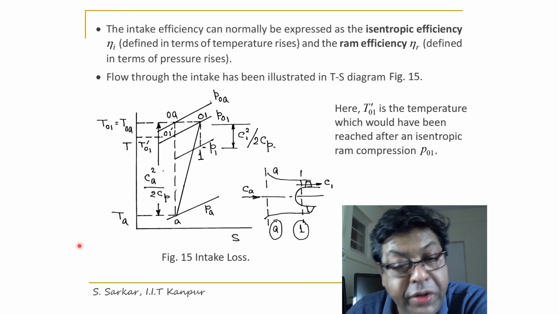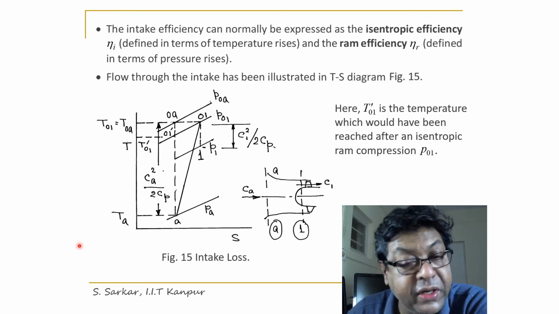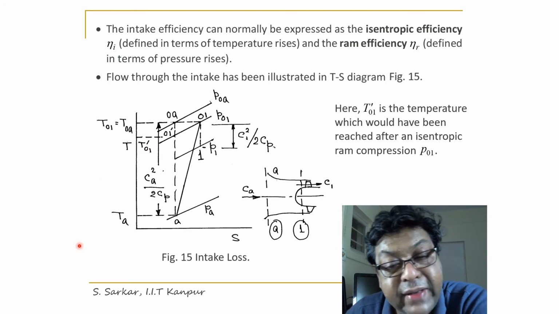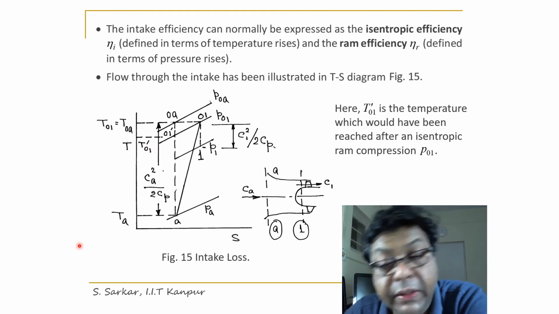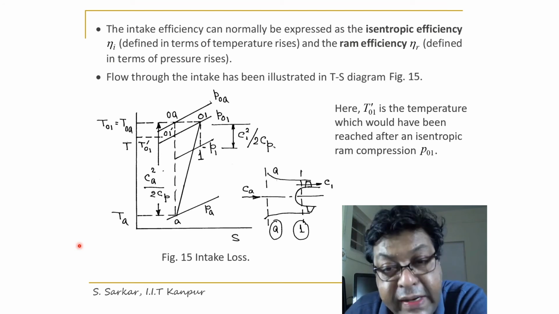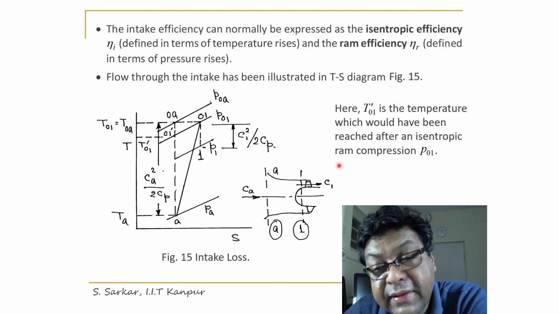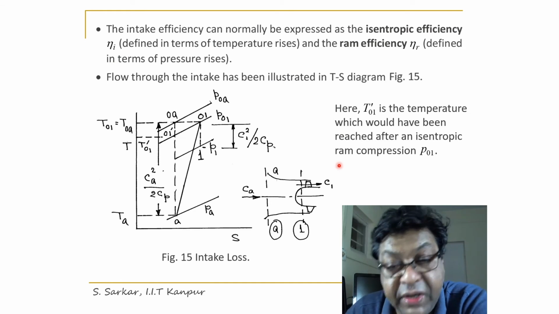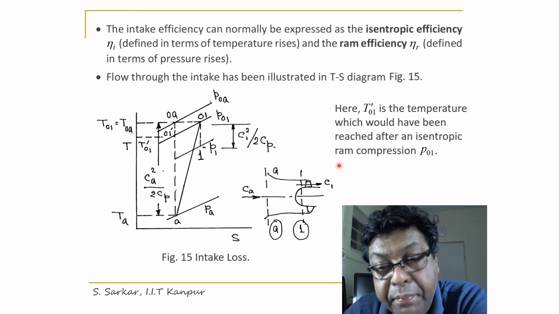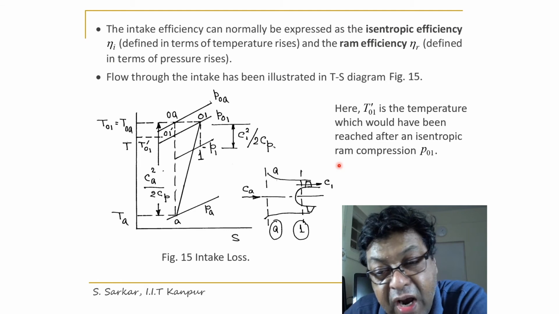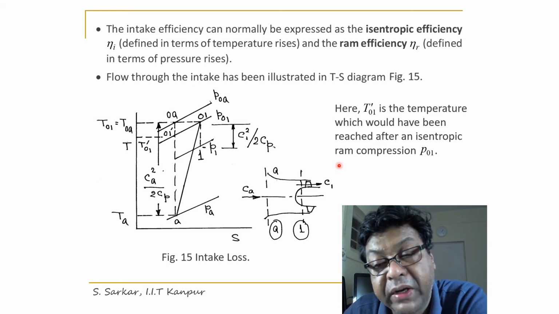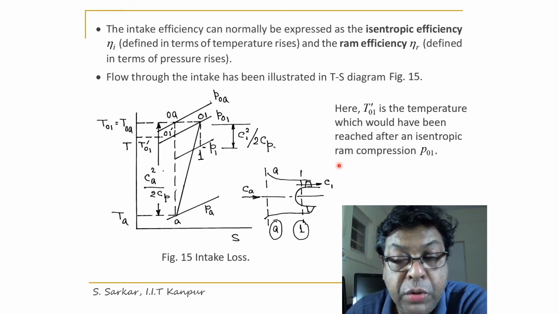Thus, at the point 01 dash, the temperature is T01 dash and the pressure is P01. Thus, I can say here that T01 dash is the temperature which would have been reached after an isentropic ram compression to P01.